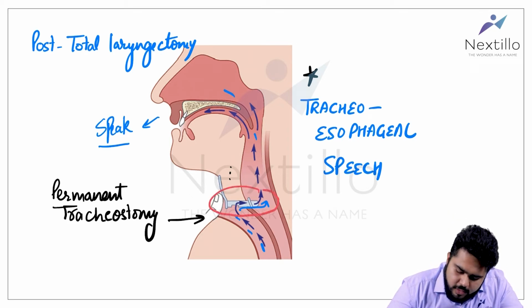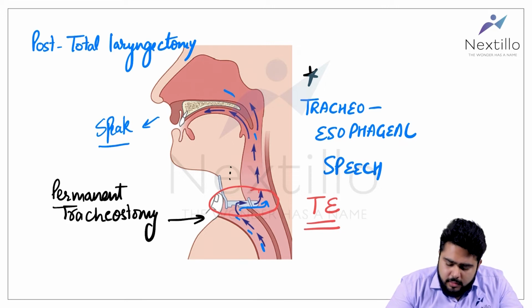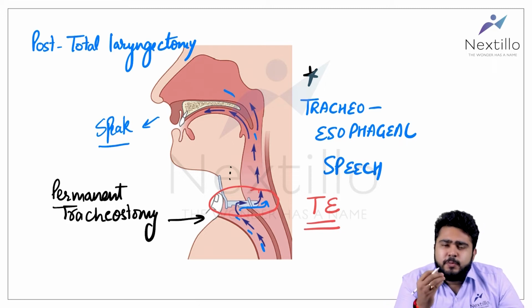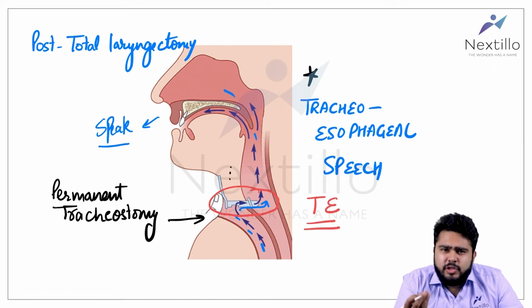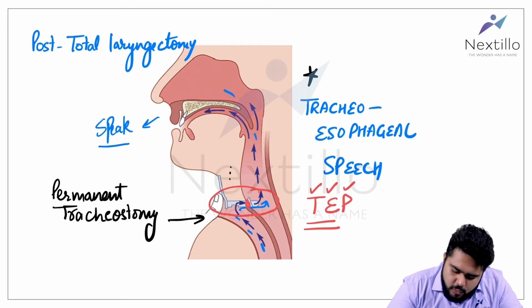This device we call the tracheoesophageal device. Actually, this is a speech prosthesis, the tracheoesophageal prosthesis. We insert it by doing TEP, that is tracheoesophageal puncture. So we have to create a hole over here to insert this device so that it can be used.